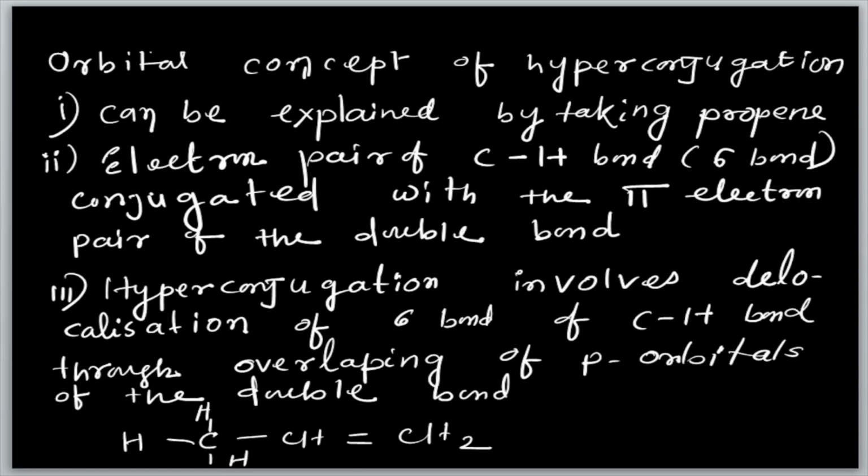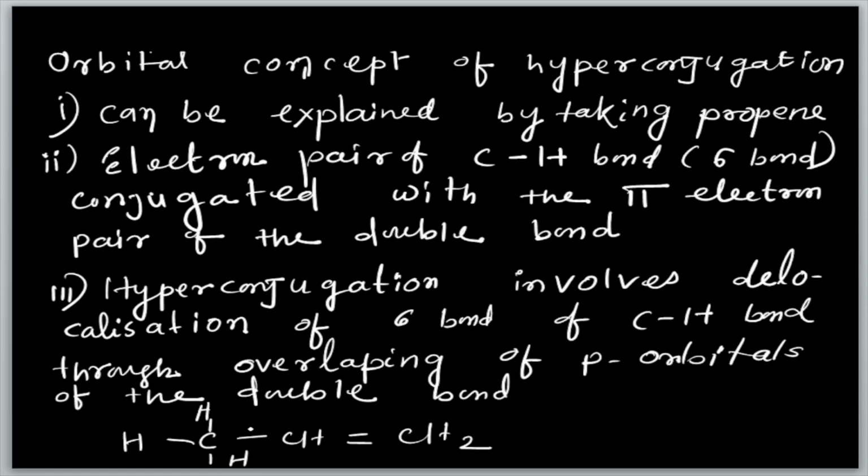The sigma bond here interacts with the pi electrons, the pi bond. Hyperconjugation takes place when the electron pair of the CH bond is conjugated with the pi electrons of the double bond, the unsaturated system.